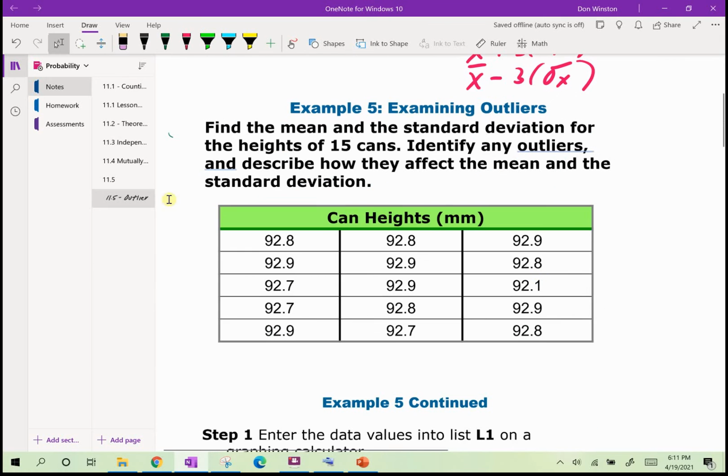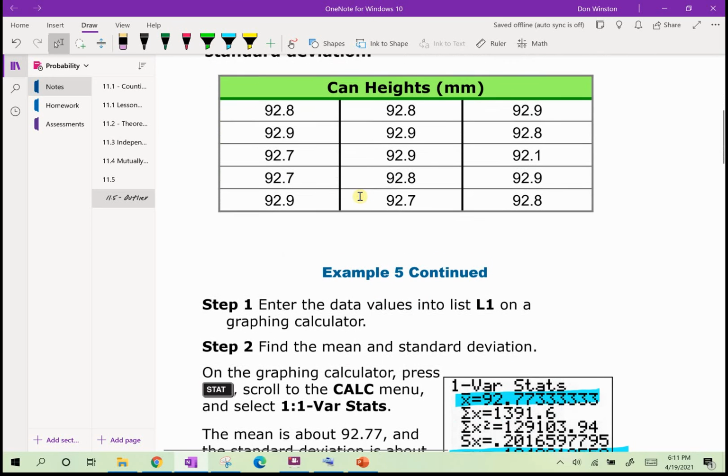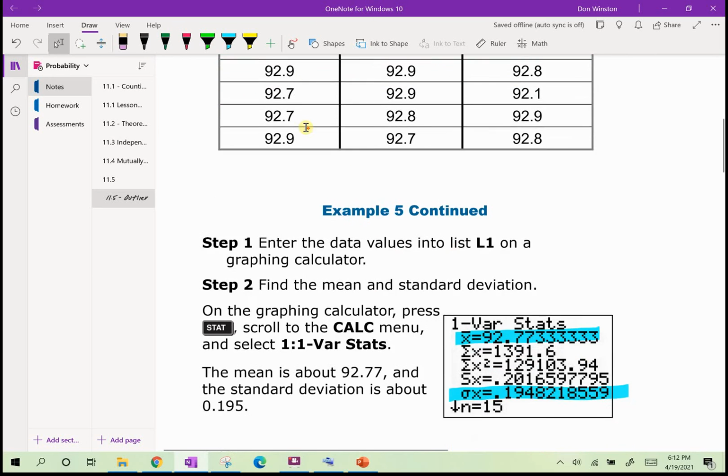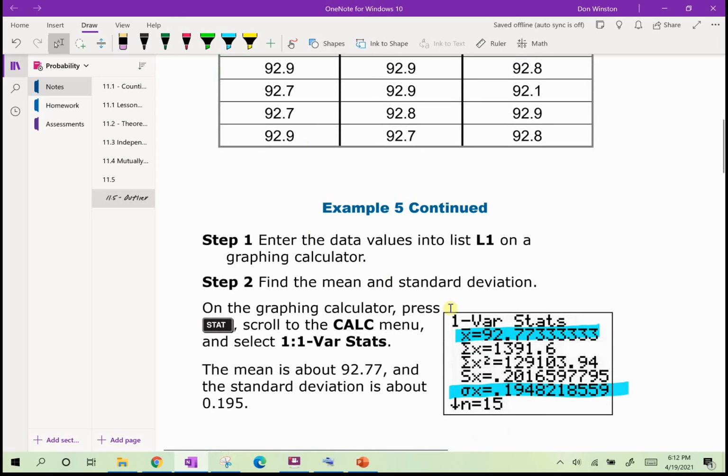So here's an example. Find the mean and standard deviation for the height of 15 cans, and let's identify any outliers. So this data was entered into our calculator, and we generated some statistics. Okay, we see that our mean x bar is 92.77, and then the standard deviation sigma x is 0.194.